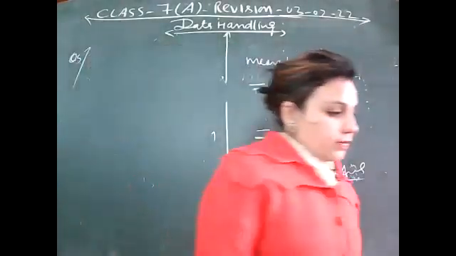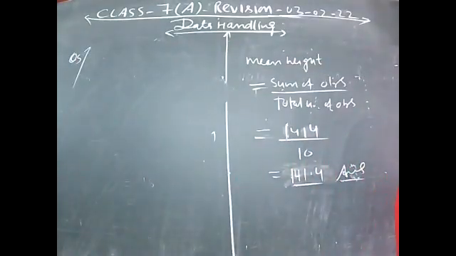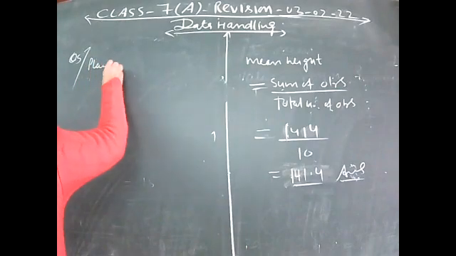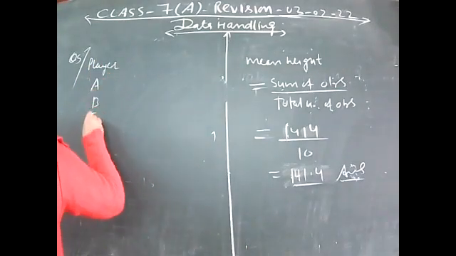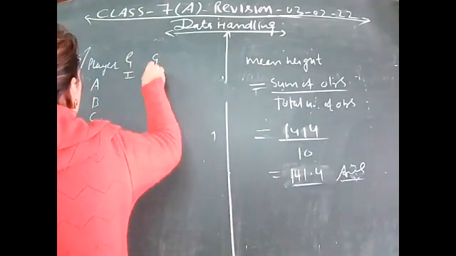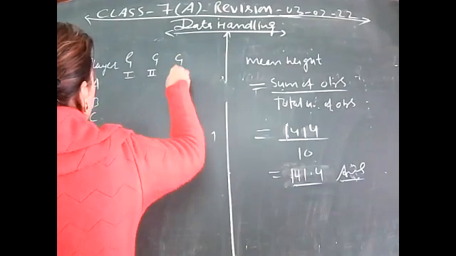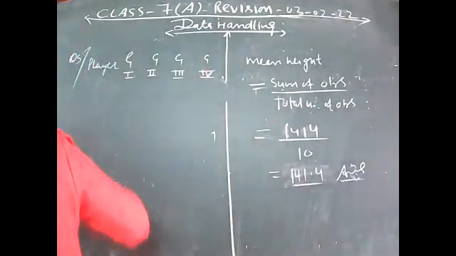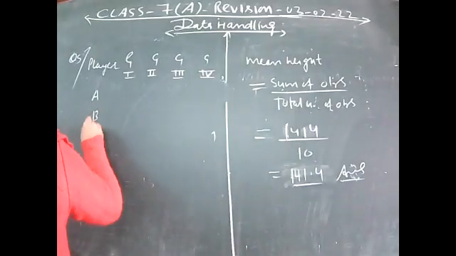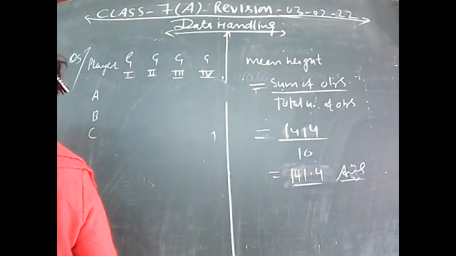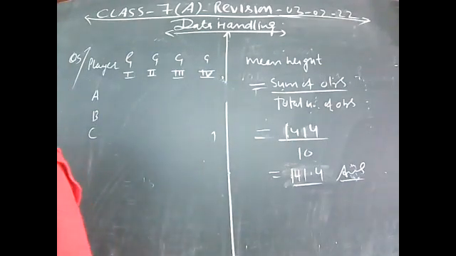See, 5th question. There are players: player A, player B, player C. Game 1, game 2, game 3, game 4. The points they have scored in the 4 different games are given.